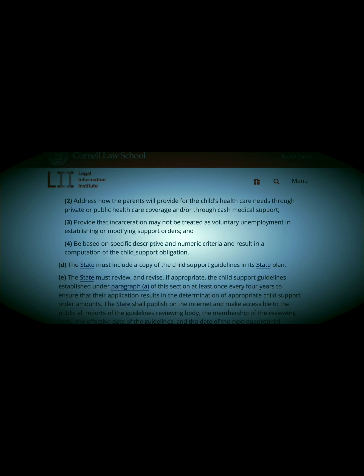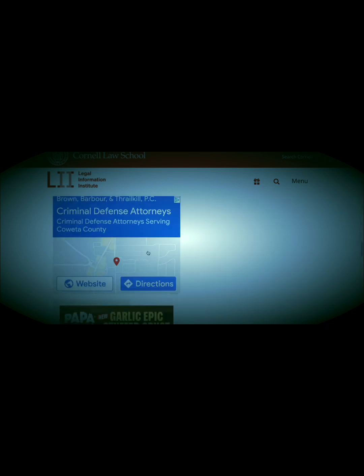Damn, some of y'all go to jail on purpose so y'all don't have to pay child support? That's just something I just thought about. Anyway, be based on specific, descriptive, and numerical criteria, and result in a computation of the child support obligation. They put all that into consideration on how they come up with it. Okay, I'm not going to read all that. I'm going to go back to where I was.